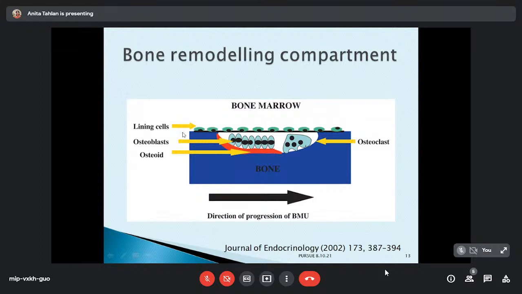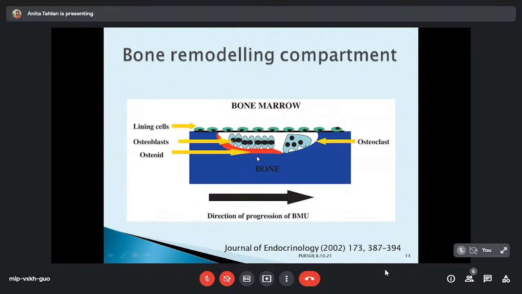So what happens is that there is a canopy which is formed, such as here. In this canopy, the lining cells and osteoblasts will come and form the new bone, and then it will get mineralized.